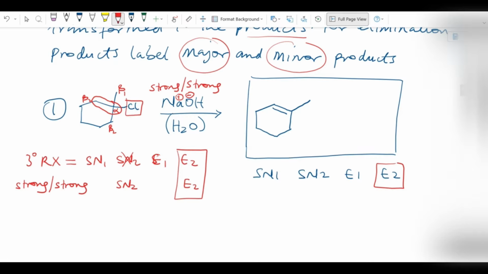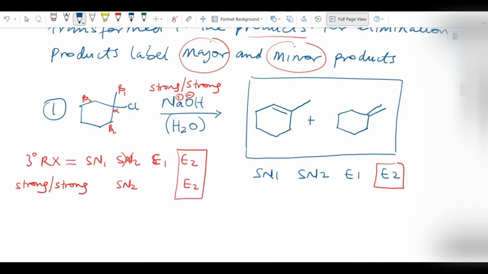The leaving group will not be part of the product. We can also choose to place the double bond here between this alpha and beta carbon. And if we place the double bond there, we would have another alkene product. So these will be the products of this reaction.